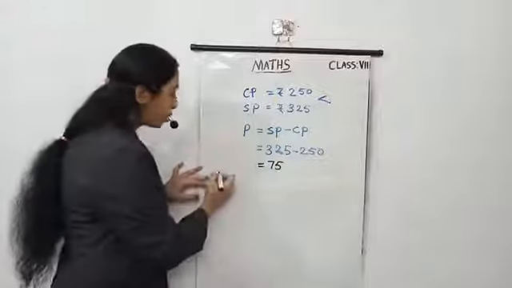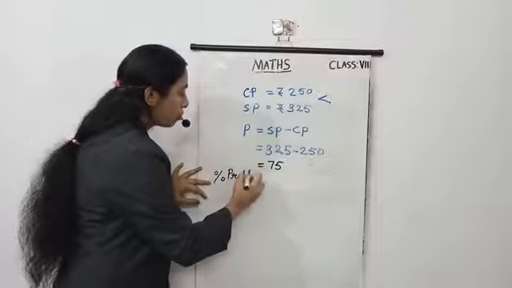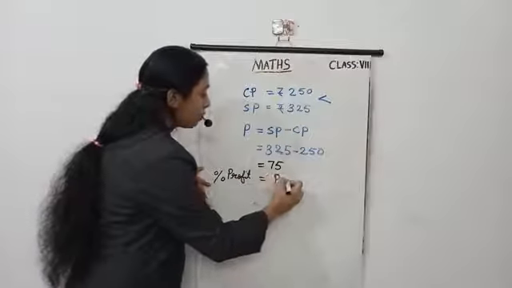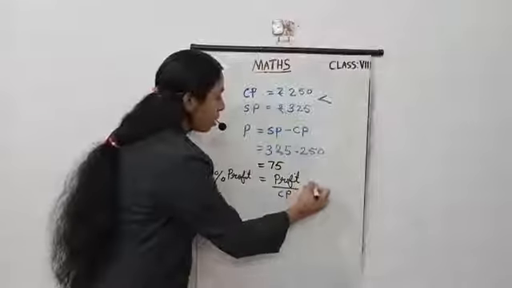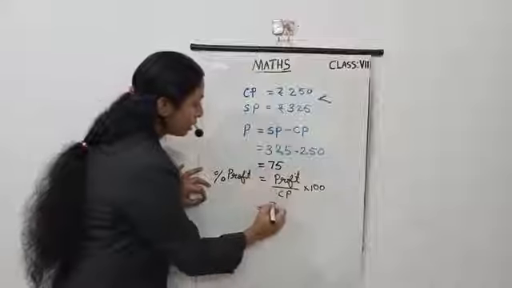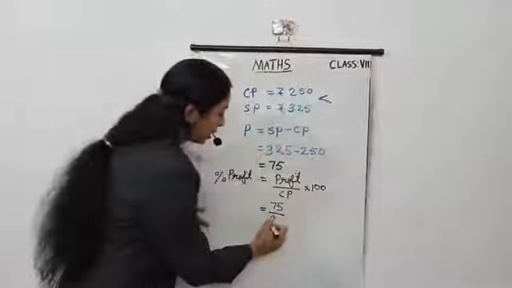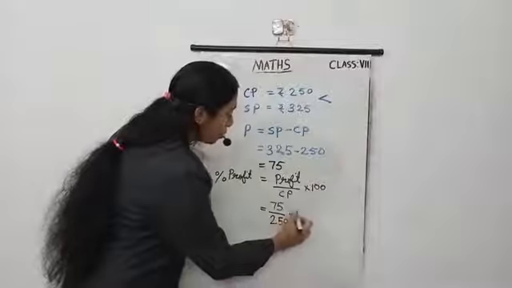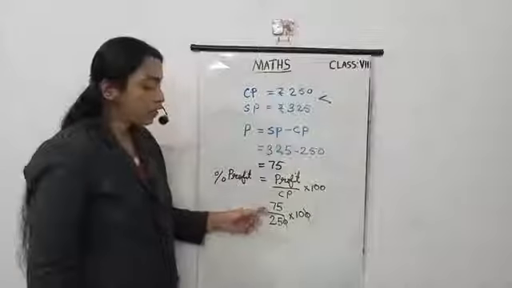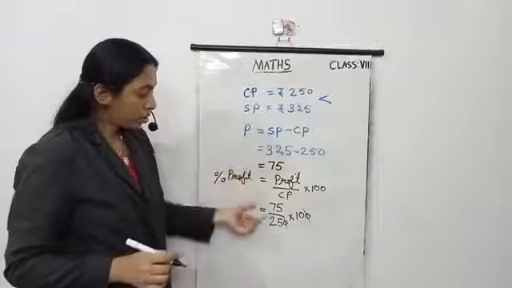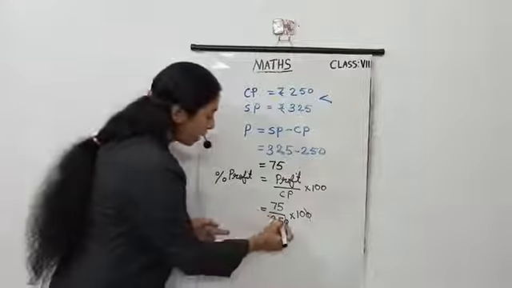Now we need to find the percentage of profit. Profit percentage is profit divided by CP into 100. Profit is 75 and cost price is 250, so 75 by 250 into 100. We can cancel the 0 and 0. 25 into 3 gives 75, so we can cancel this.